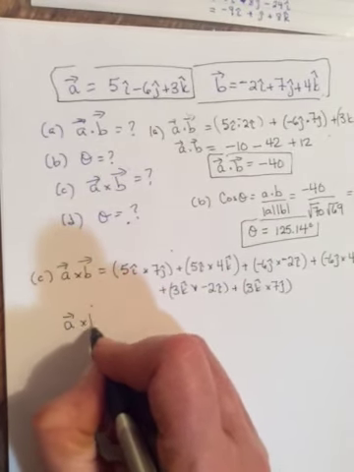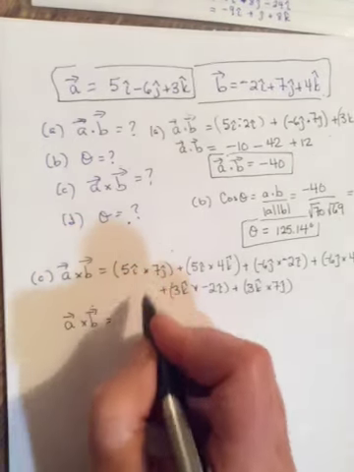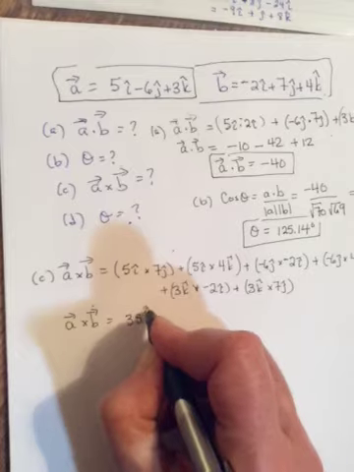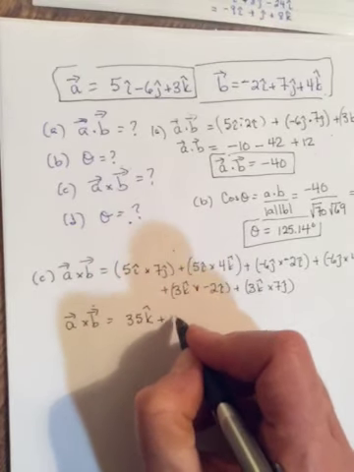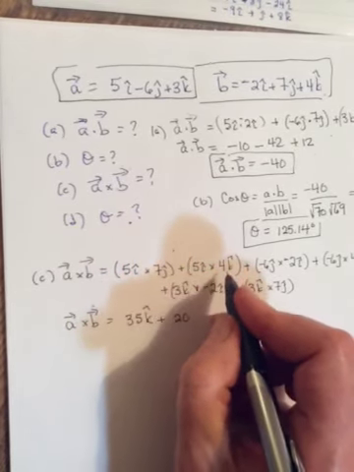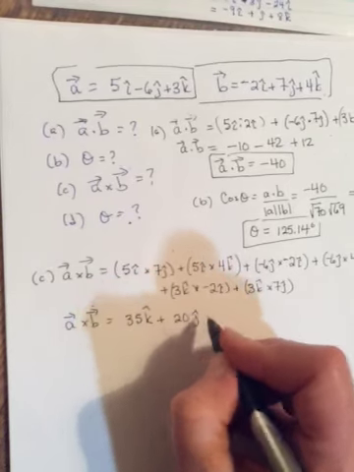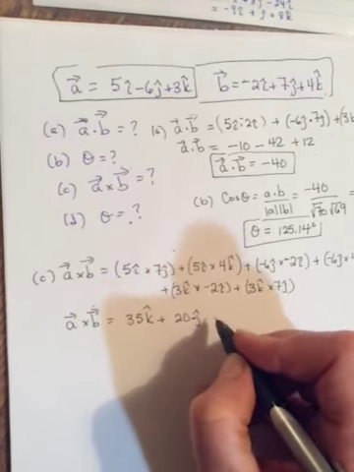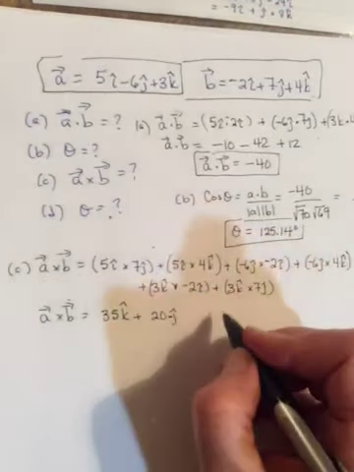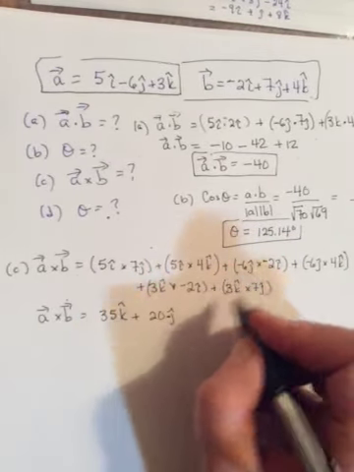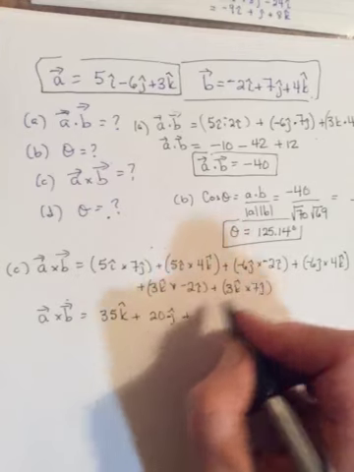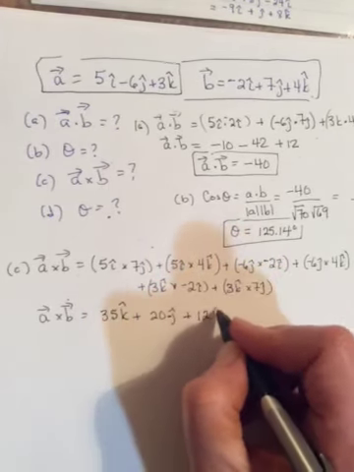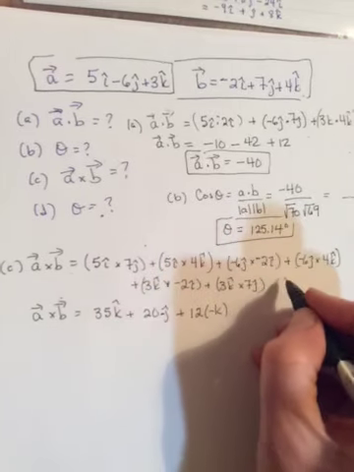So A cross B. 5 times 7 is 35. i cross j is k. 5 times 4 is 20. i cross k is j, but it's negative. Negative is going to be positive. 6 times 2 is 12. j cross i is negative k.